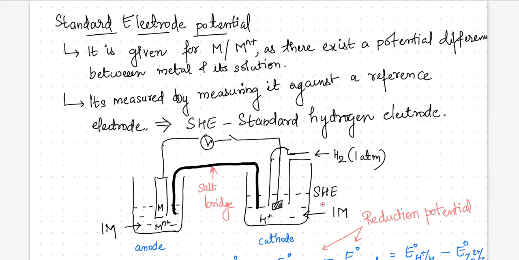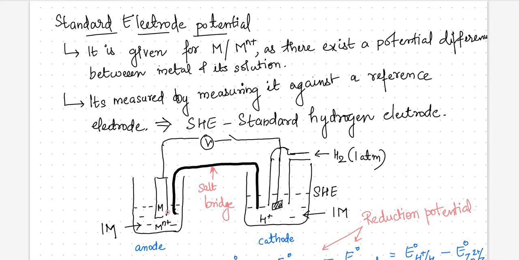So this is a standard hydrogen electrode: hydrogen at 1 atmosphere, and the hydrogen ion concentration at 1 molar. This is the basic setup of the standard hydrogen electrode, and we connect it to our metal and its solution in order to calculate the standard electrode potential.